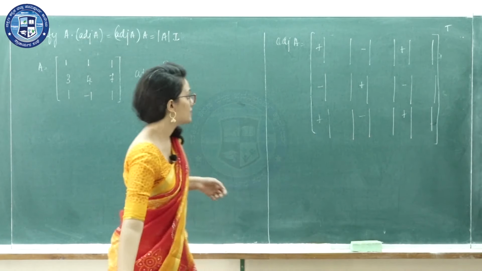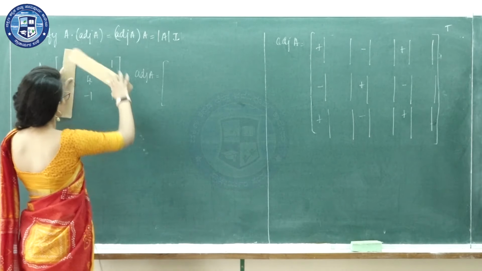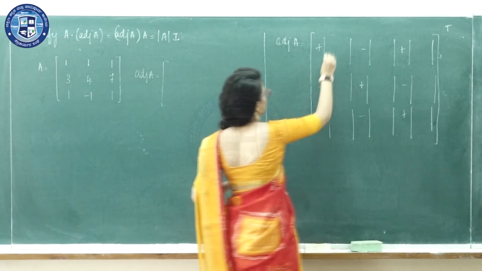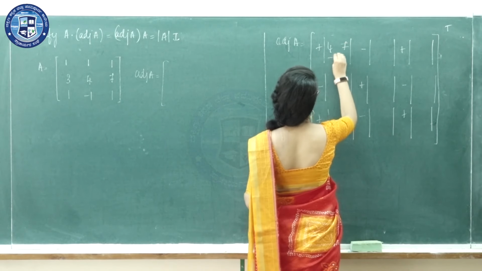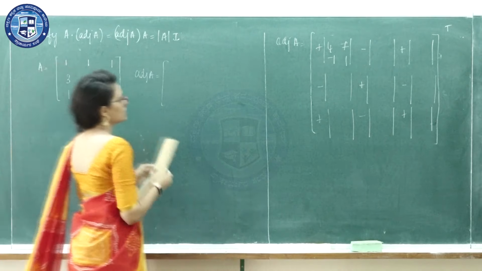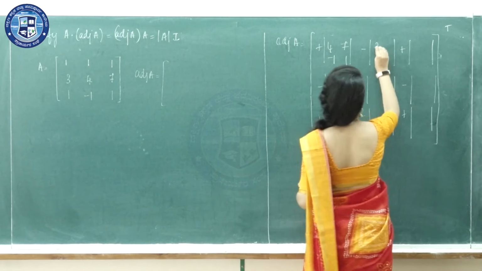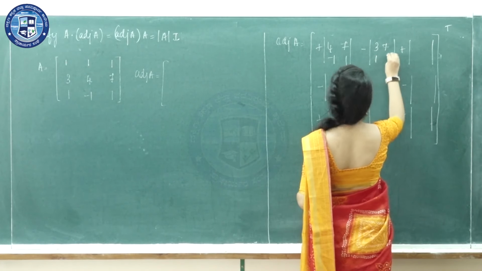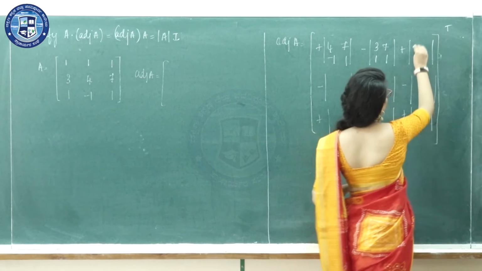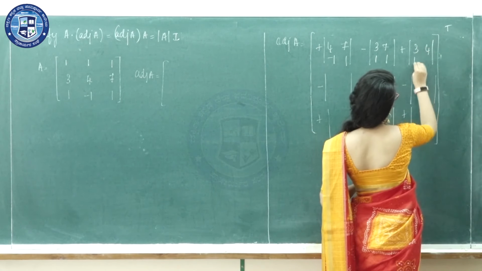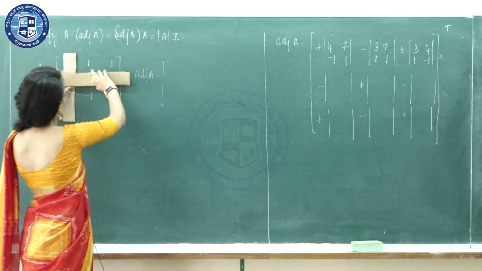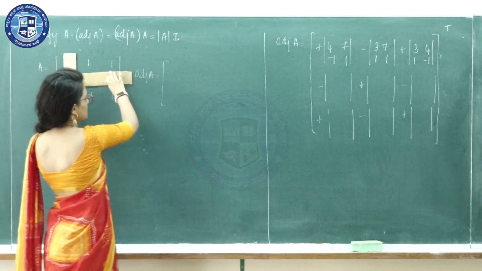So, let us delete the row and column. We get 4, 7, minus 1, 1. Next term we get 3, 7, 1 and 1. Next term we get 3, 4, 1, minus 1. For the next term we have 1, 1, minus 1, 1.